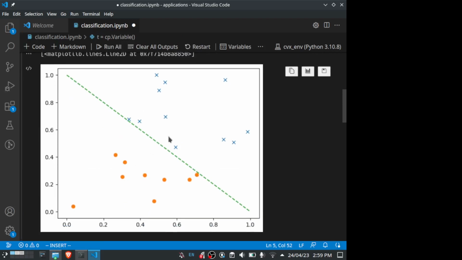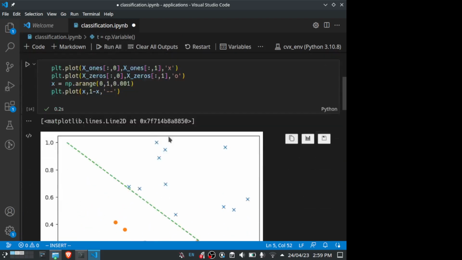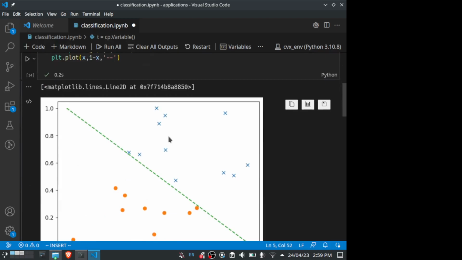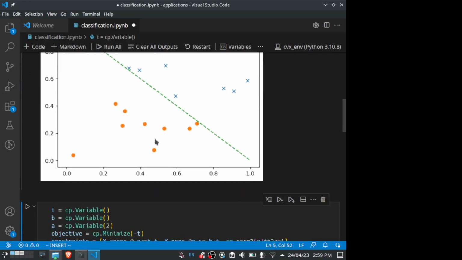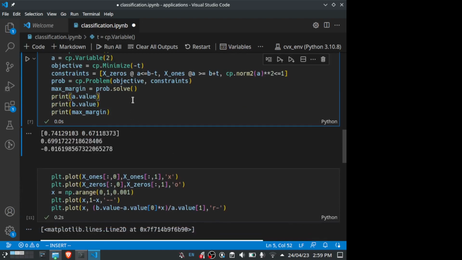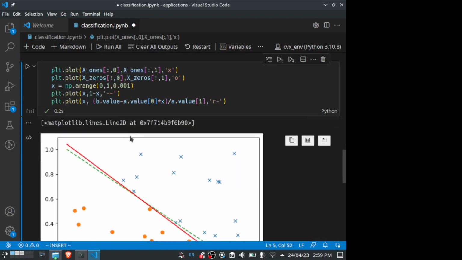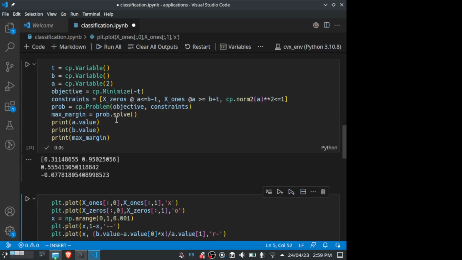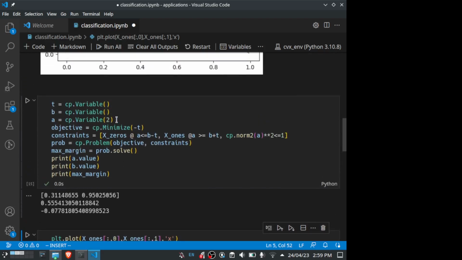I still have these points very close to each other, but that may still be fine. The margin will be 0.07, perhaps.